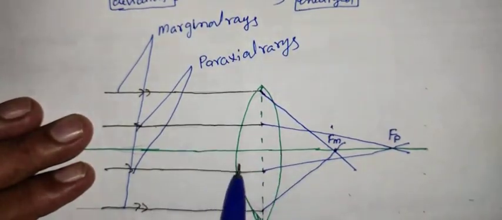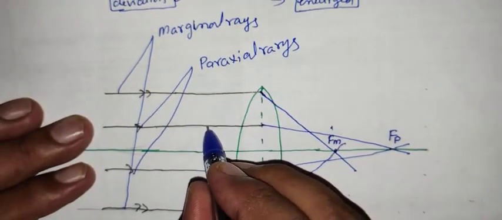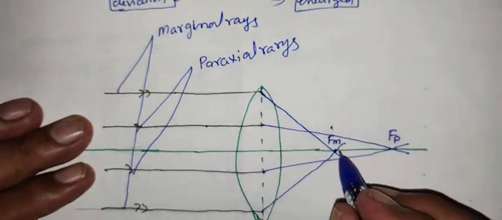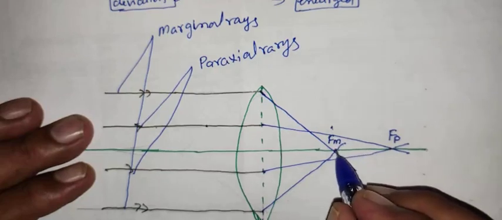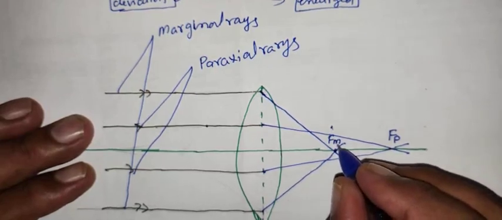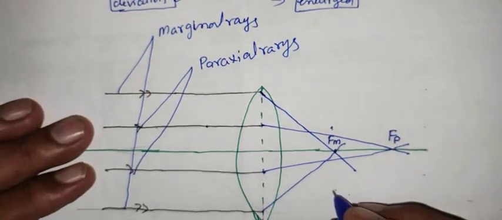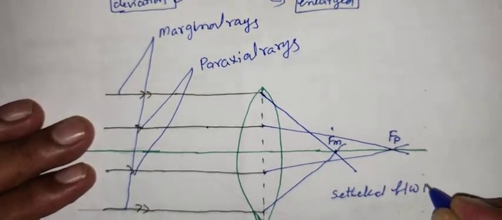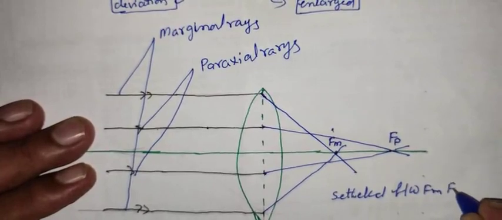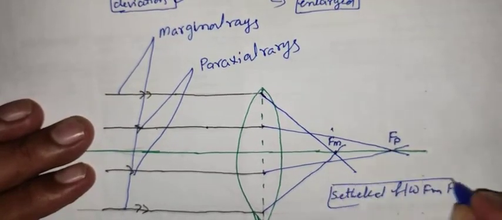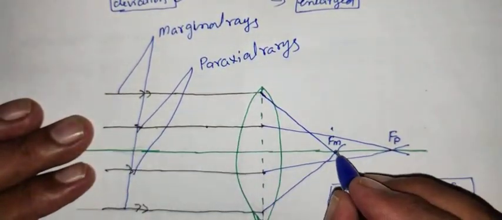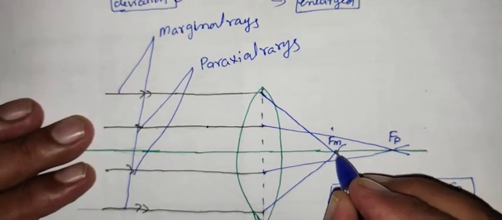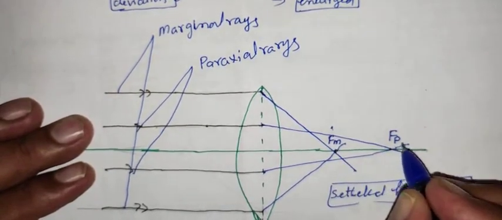The intermediate rays between paraxial rays and marginal rays settle between the points FM and FP. So the image of the object is formed between FM and FP.